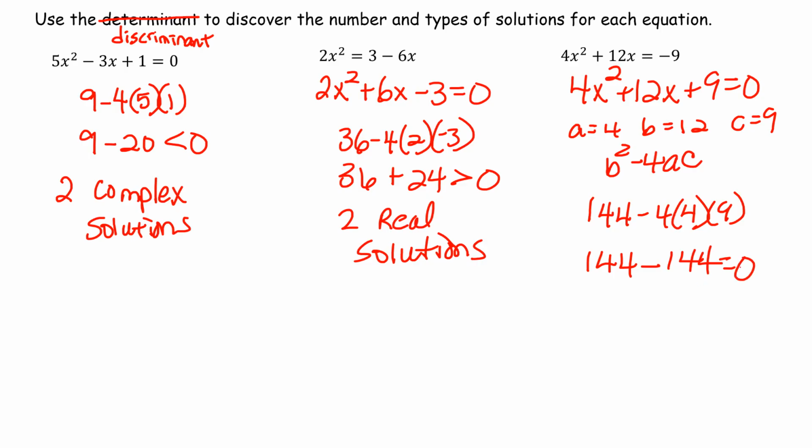So that equals 0, which means there is only one real solution for that equation. So that is how you use the discriminant. You use it to find how many and what kind of solutions a quadratic equation will have. That's all it's really good for.